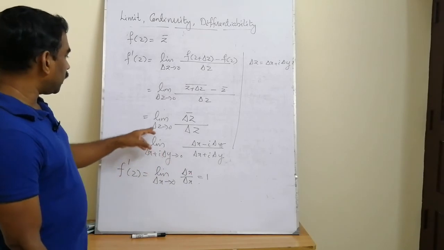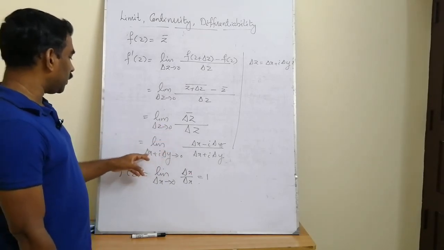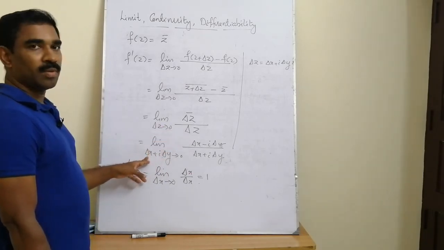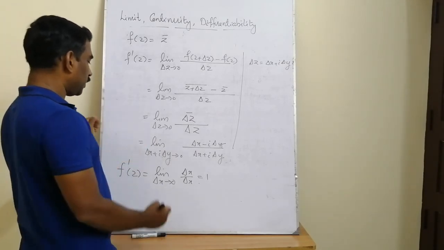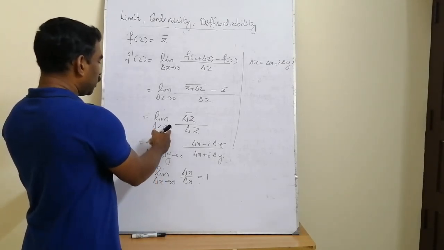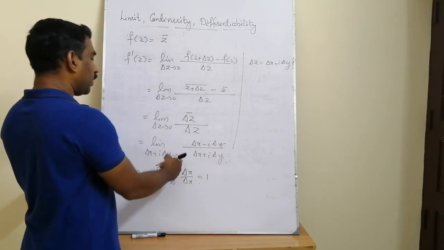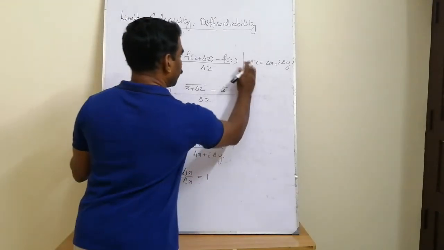And if we choose another path in which Δx is fixed, that means we are moving parallel to the y-axis, the imaginary axis, then Δz tends to 0 means iΔy tends to 0.